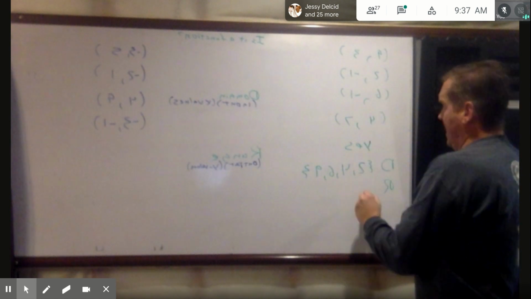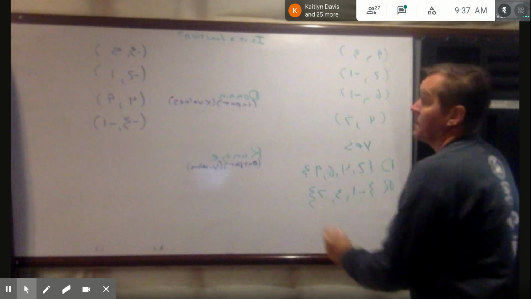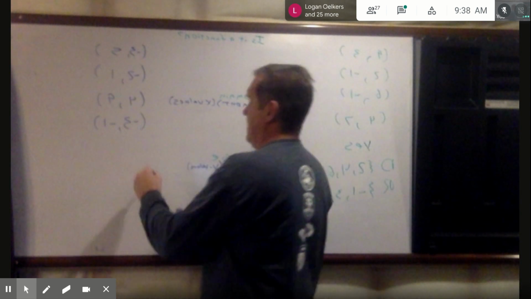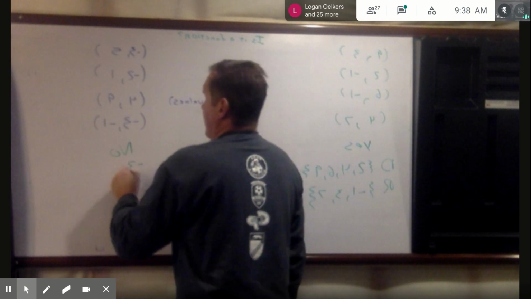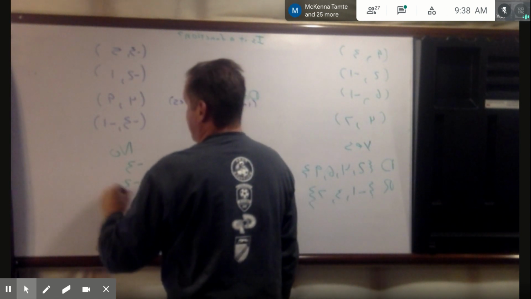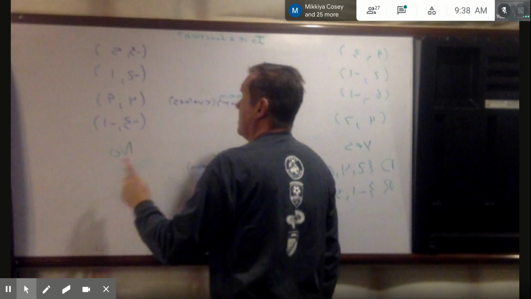Range, -1, 3, 7. Domain, or no, not a function because we had 2 -3, -2, 4. Oh, why am I writing them horizontally? Oh my gosh.